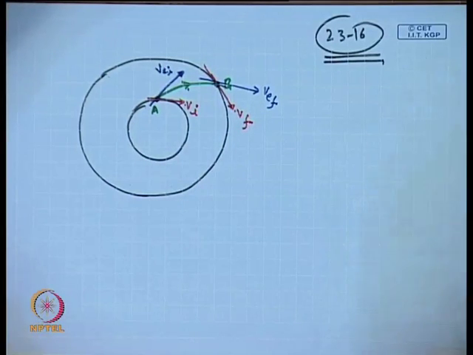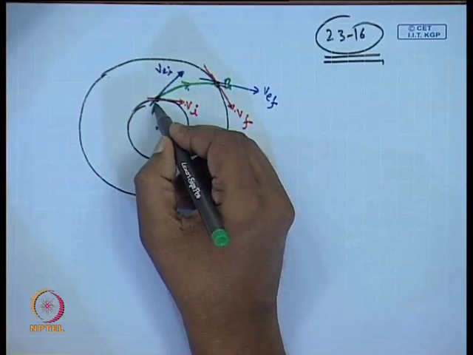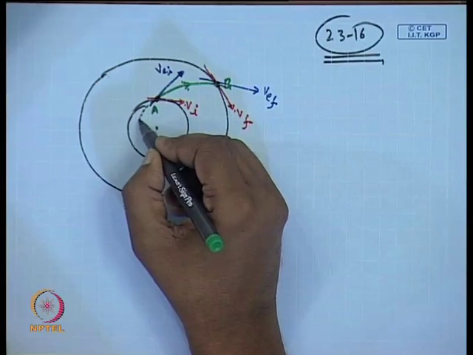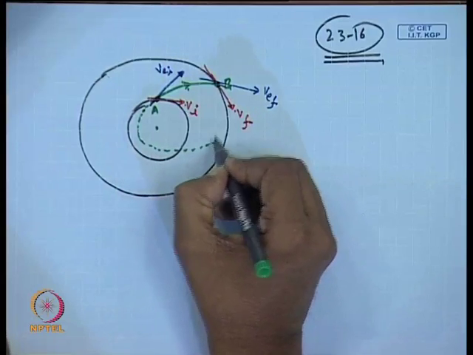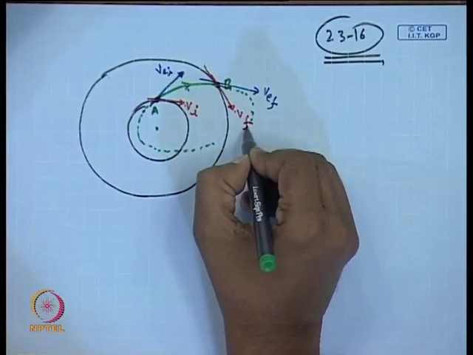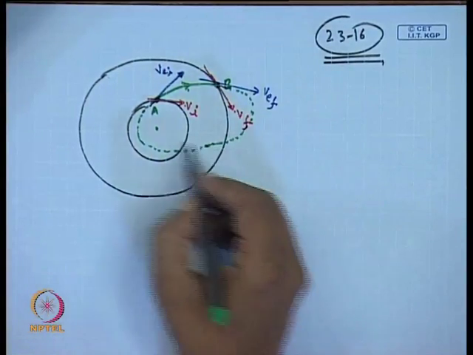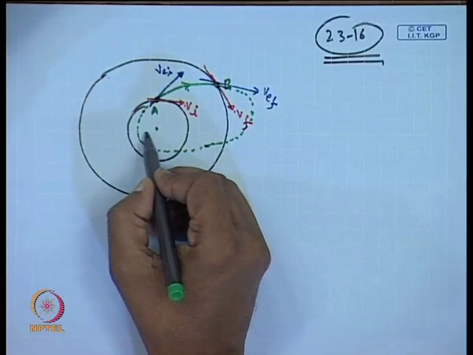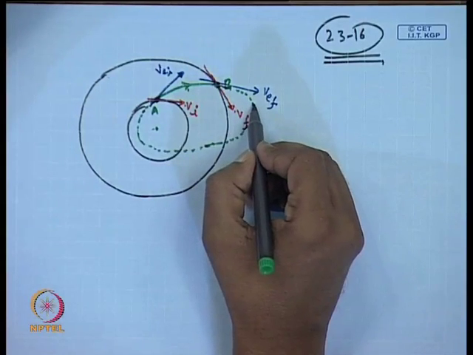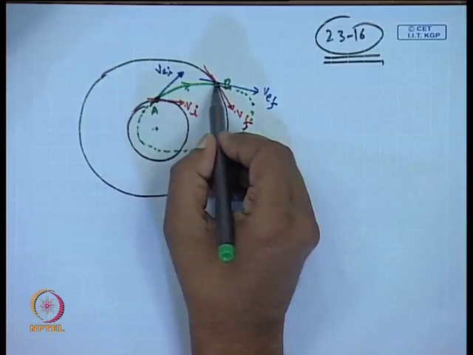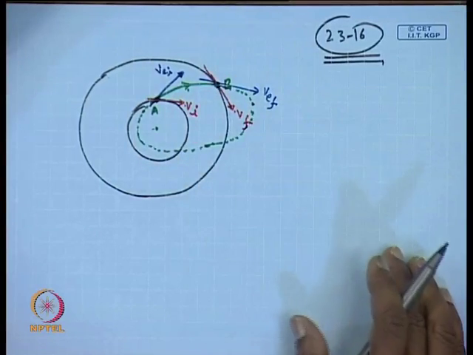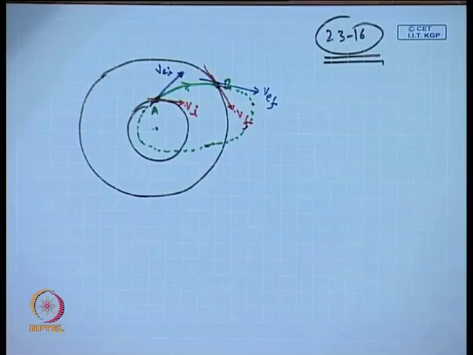So, your elliptical orbit will be somewhat looking like this. Now, the perigee distance of the transfer orbit is less and apogee distance is larger, and going from this point to this point the time taken will be small. So, this we need to work out.